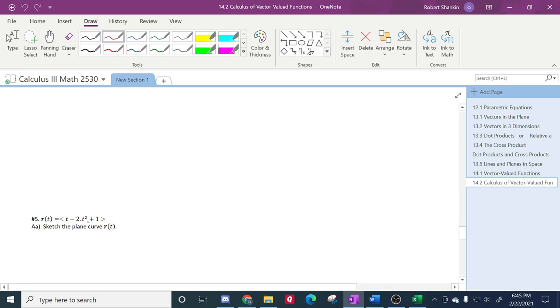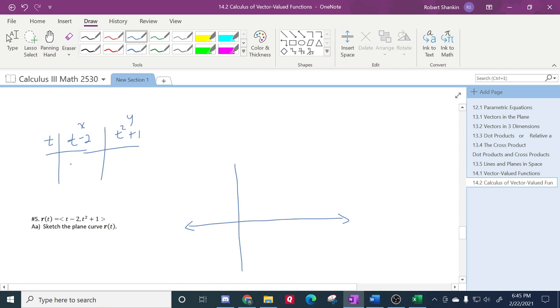All right, so group one, how do you sketch this? We'll start by making a table of values of t, x and y. And we can put some values in, like 0. So then we go -2 on the x and 1 on the y, and we make a dot right there.